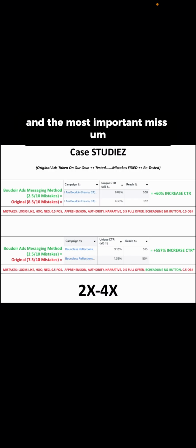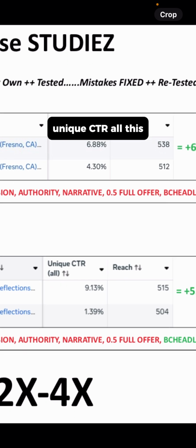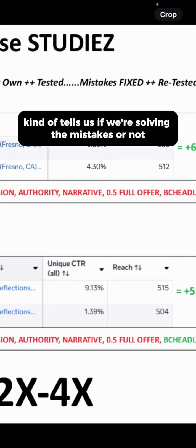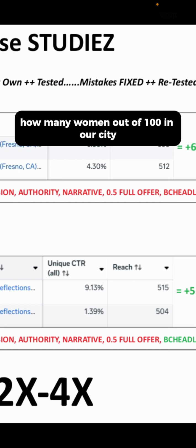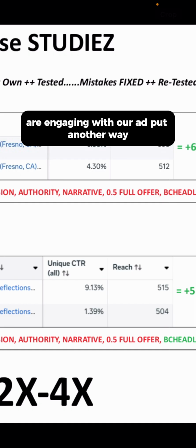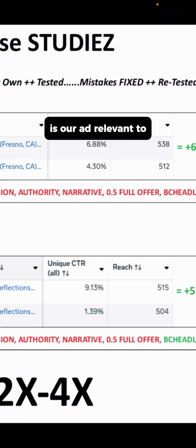The most important metric that we actually care about and look at is this column right here, unique CTR all. This tells us if we're solving the mistakes or not, where this metric means how many women out of 100 in our city are engaging with our ad. Put another way, it means how many women out of 100 our ad is relevant to.